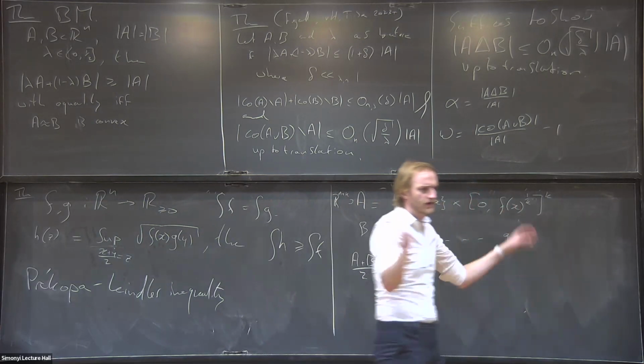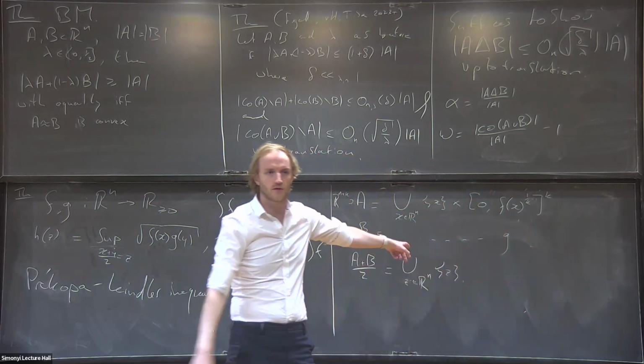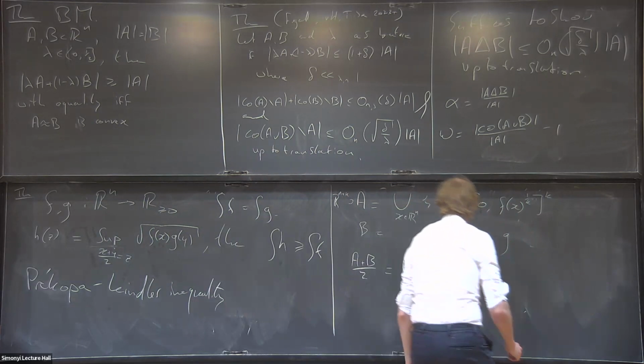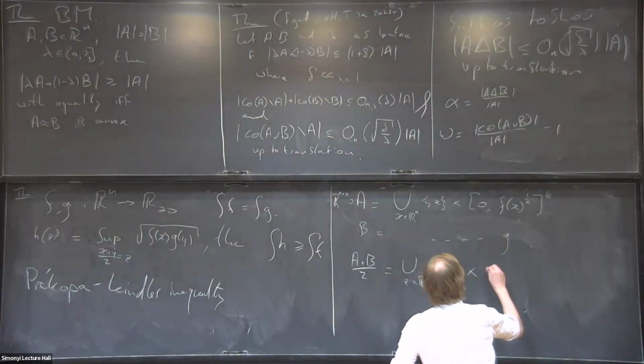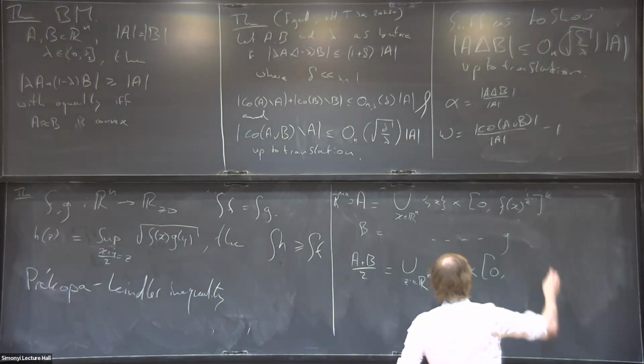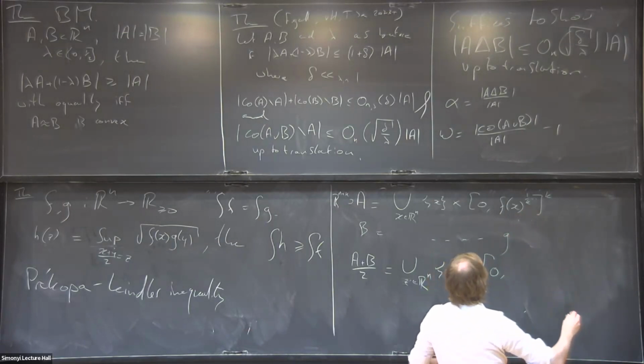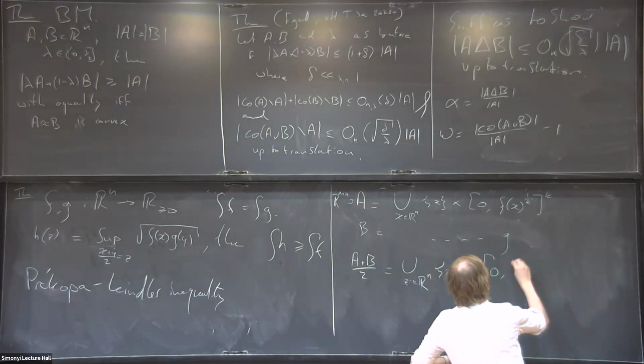So of course, all of these are sums of cubes, so the object that I'm going to get here is again a sum of cubes. So it's going to be these average cubes.